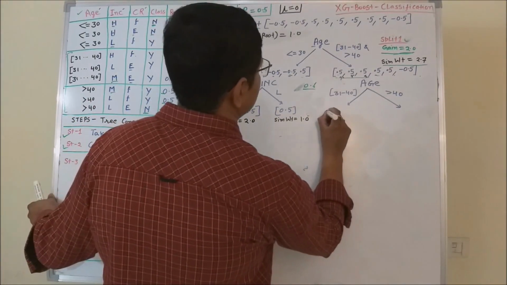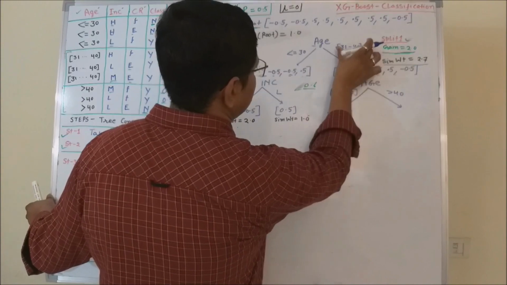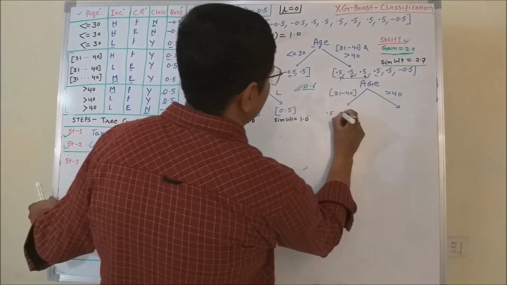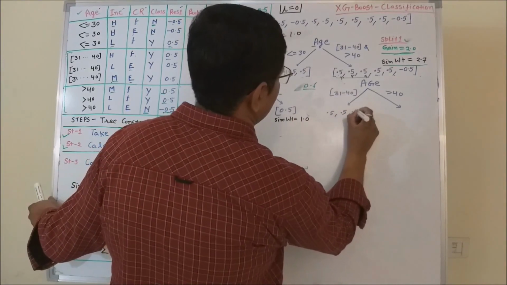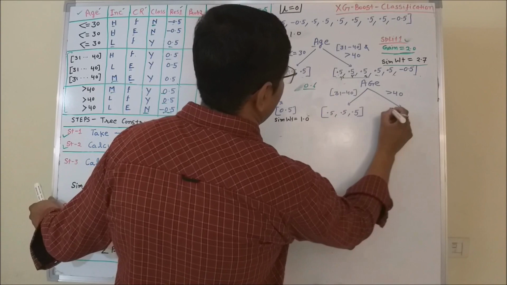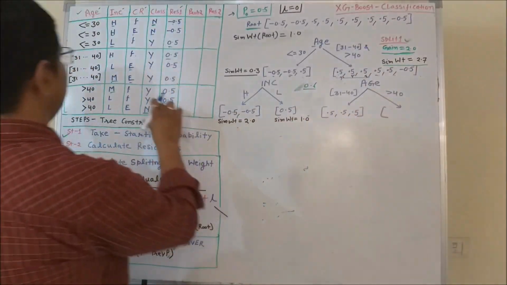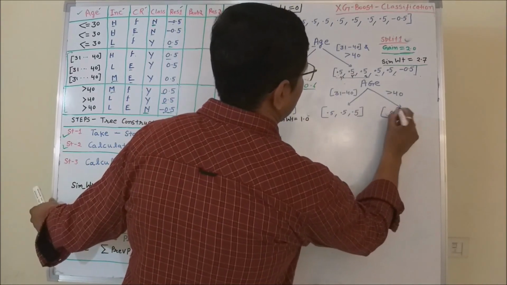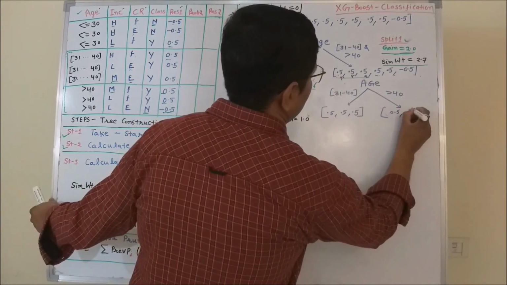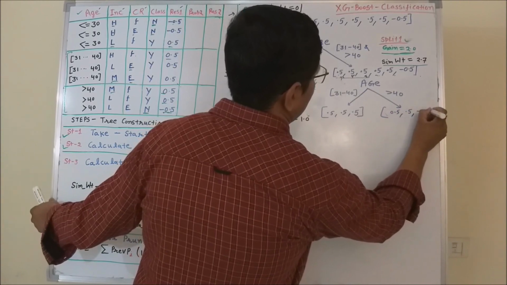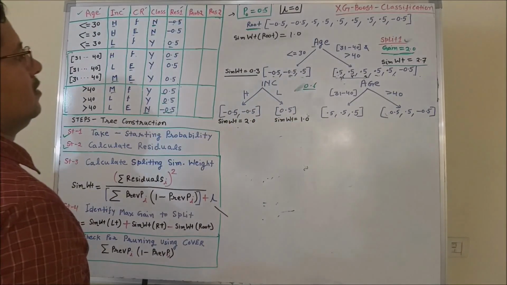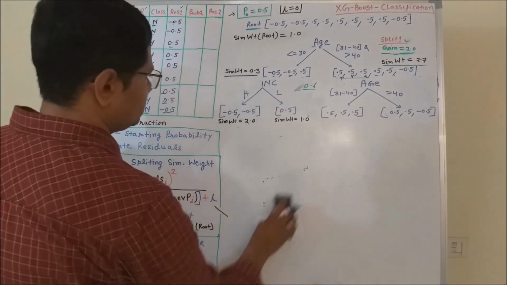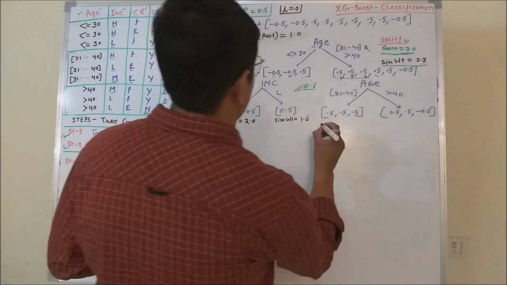Our three residuals which belong to 31 to 40 will come here, and the three residuals which are greater than 40 will go here. So you have another breakup. Now again, if you want, you can make another breakup.